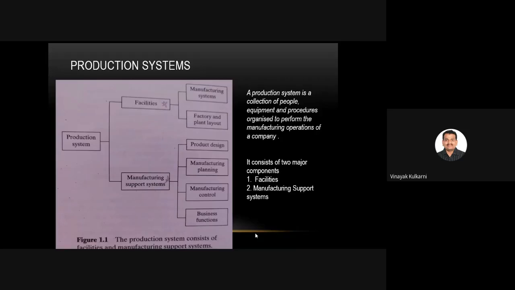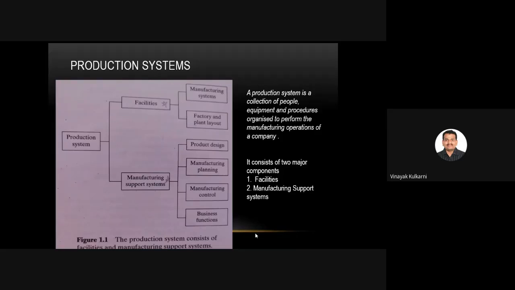The second is the manufacturing support system, where you have product design, manufacturing planning, manufacturing control, and business functions. These are supporting, just like documentation. The physical facilities of the production system include the equipment, the way the equipment is laid out, and the factory in which the equipment is located.